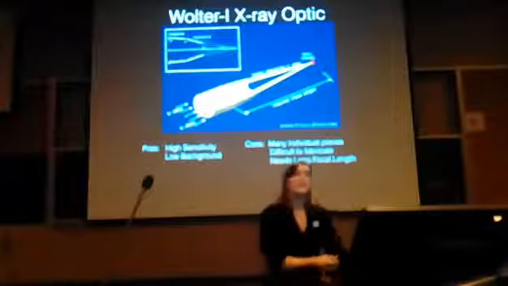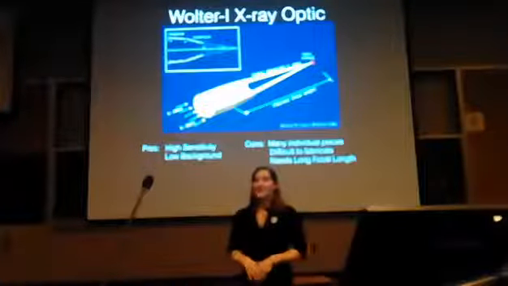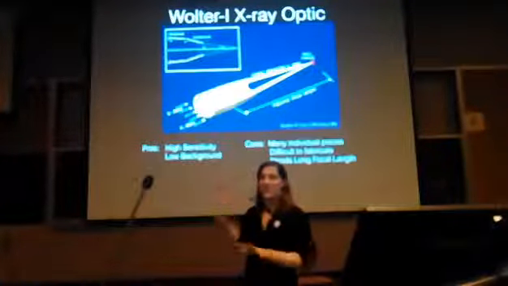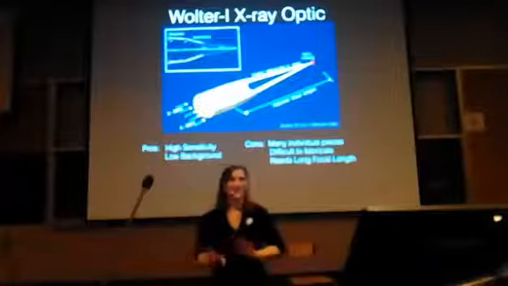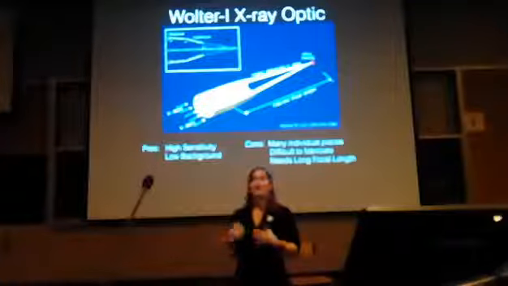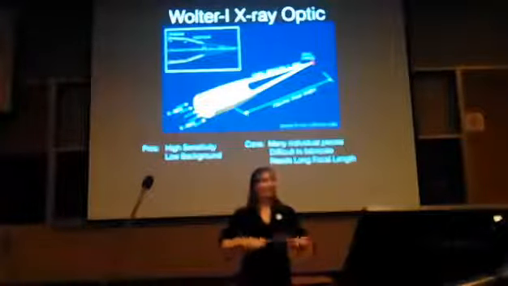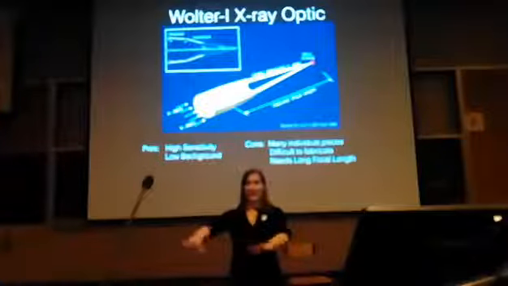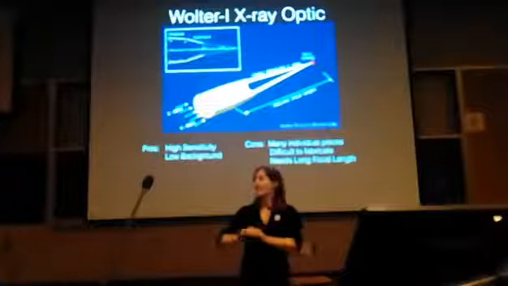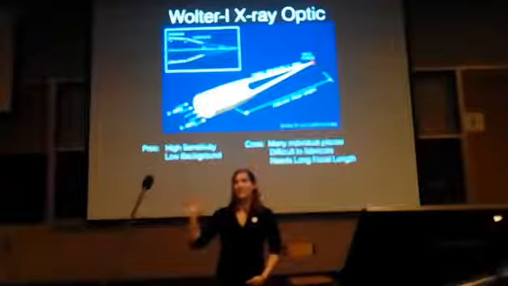And so the Wolter Type 1 X-ray optic is exactly what we need. So there's a lot of stuff on that page, and it can be really confusing. But a simple way to think of it is imagine yourself on the edge of a very calm, quiet lake, and the water is nice and glassy in front of you. Think of the water as your mirror, and then in your hand you have a small rock.